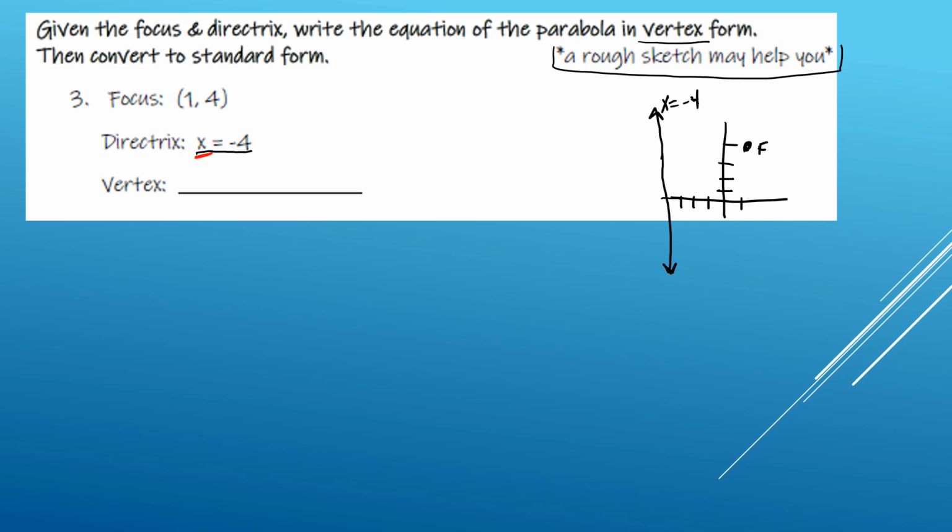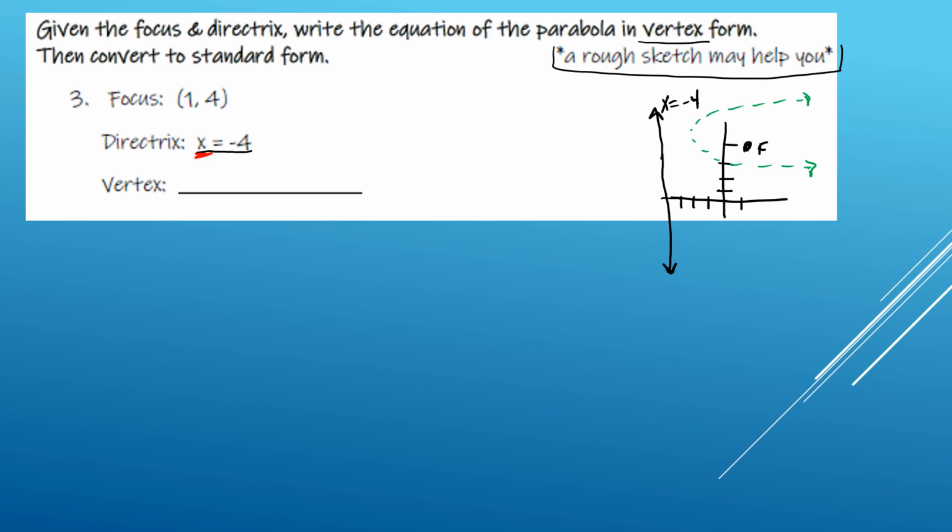Okay, so based upon the things that I have, first off, I was kind of tipped off by the directrix. Hopefully you make connections with the equation of the directrix and the equation of your function. But based upon the placement of the focus and the directrix, I have an idea now that my function has got to open to the right. And you see that I draw a dotted curve because I don't know exactly where the vertex is or the actual leading coefficient, how skinny or wide this graph needs to be.